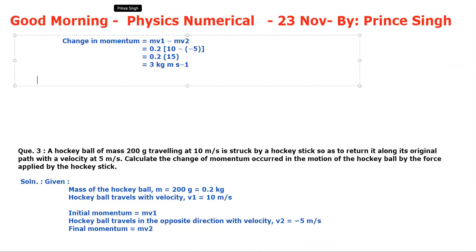And after a while, it has a different velocity. If the motion started from rest and attained a particular velocity, then we can do final minus initial, but earlier it already has a particular velocity. So we have taken the change in momentum as initial minus final. Okay.